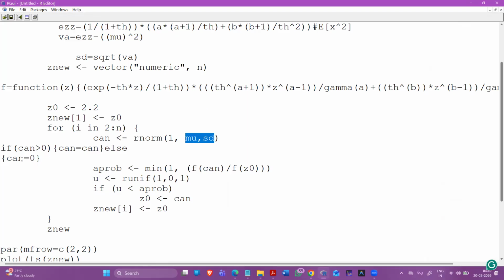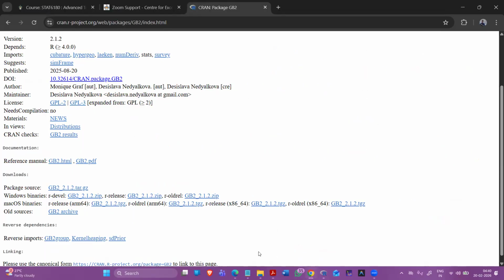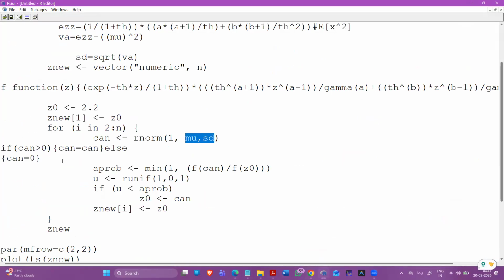Minus infinity to infinity. So I need to ignore the negative term, because for my distribution the condition is that x or z should be greater than 0. That is the condition that I am having. Yes or no? I am having this condition only, na? My w should be greater than 0. So that's why I am saying that the negative term should be ignored.